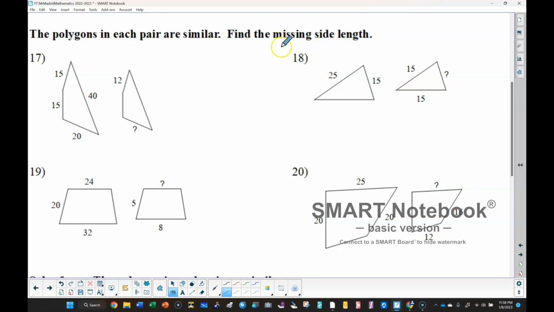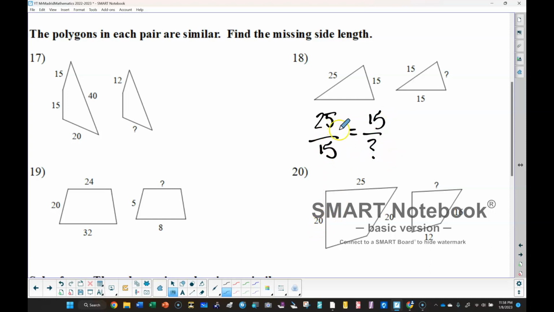Okay. So anyways, here, find the missing side. Here's the missing side. So look at how I'm going to set this up. This is how you'll set the rest of them up, okay? So the corresponding side to 25 is 15. So I got 25 over this 15, and it should equal this 15 over this question mark, okay?